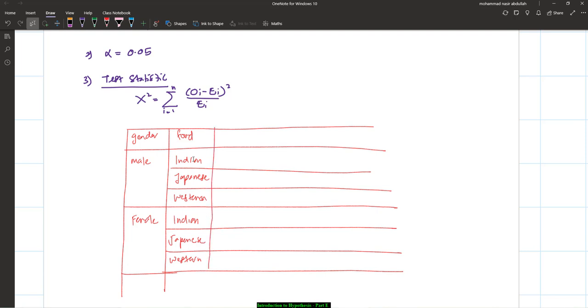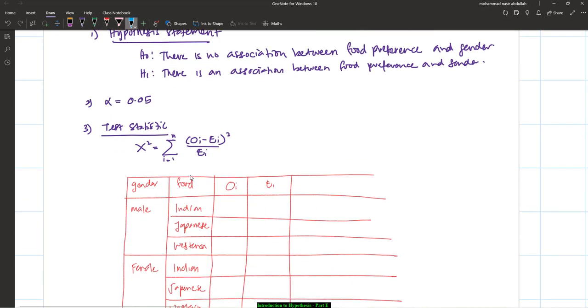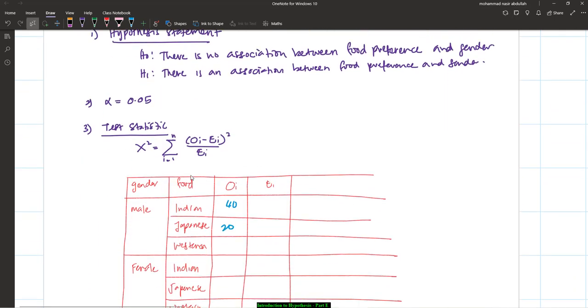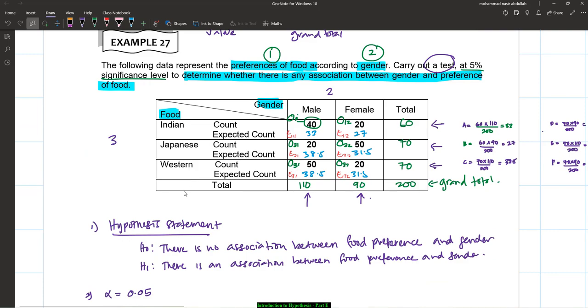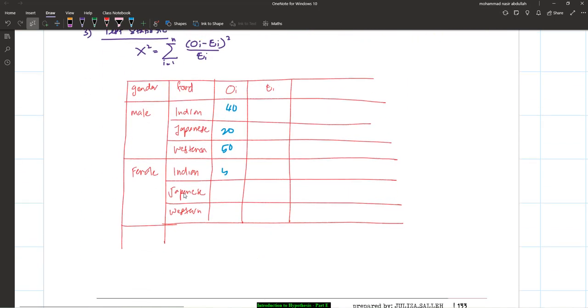So we have observed i and expected i. So observed value and expected value. So the observed value, let me put the value here. This is 40 Indian, for male 40, 20 and 50. For female is 20, 50 and 20.